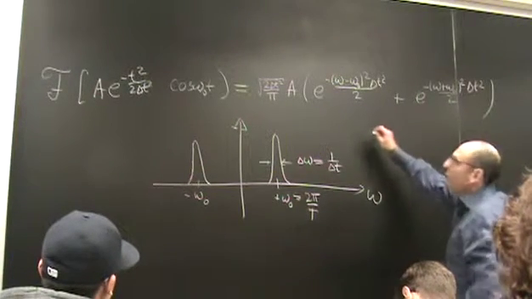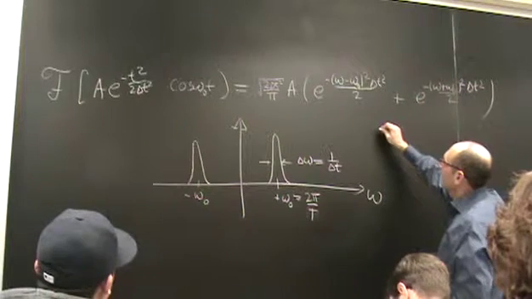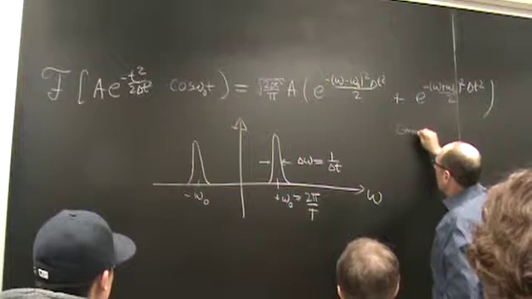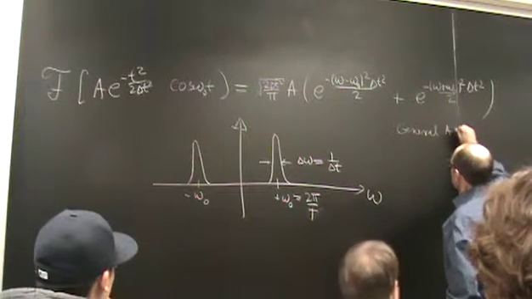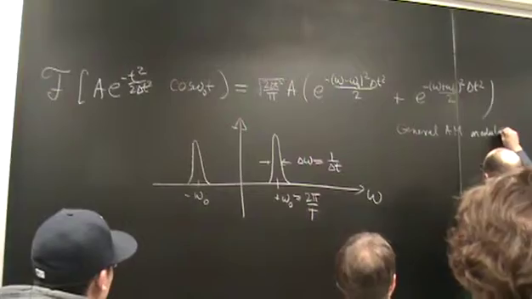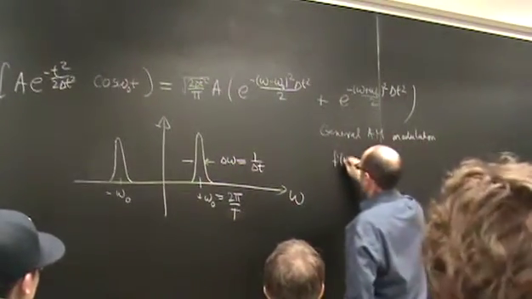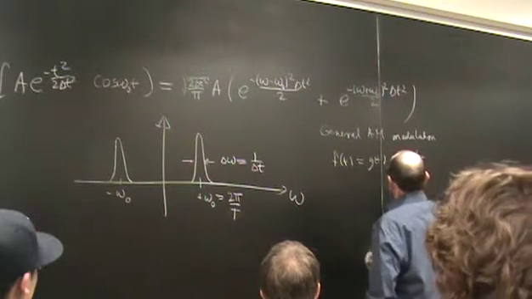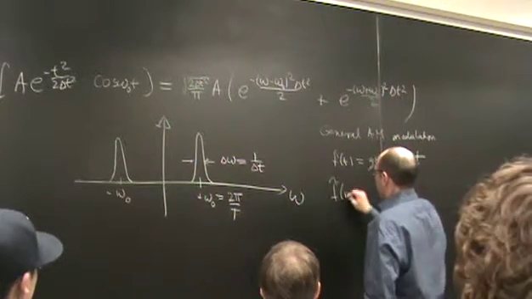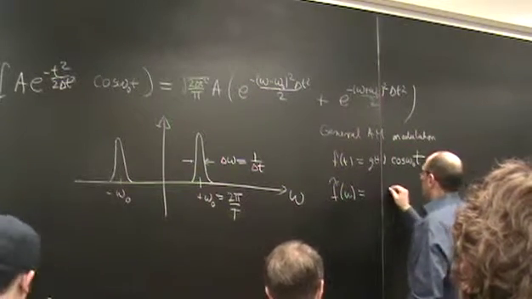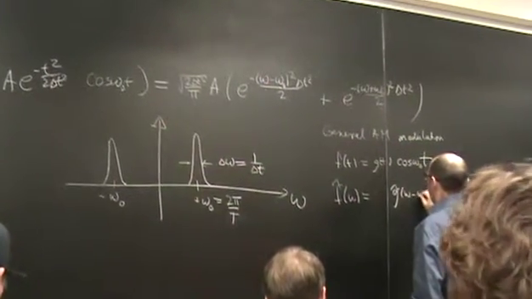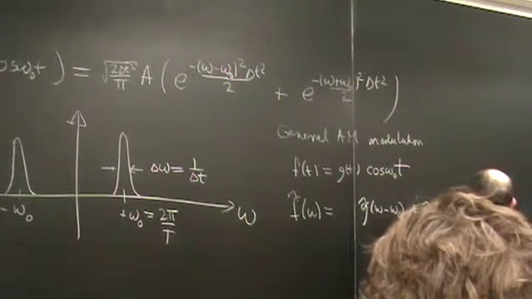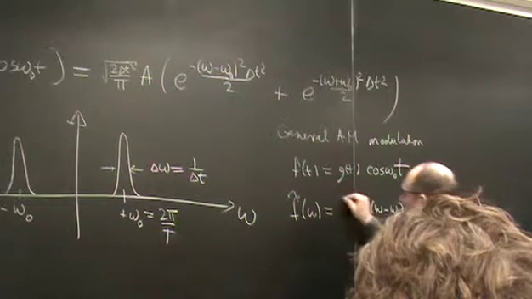So the most general form, if I had not just Gaussians here, if I have a wave train or a general AM modulation, f of t is equal to g of t cosine of omega naught t, then the Fourier transform of this is equal to g tilde of omega minus omega naught plus g tilde of omega plus omega naught, with some constant out front that I'm not caring about.